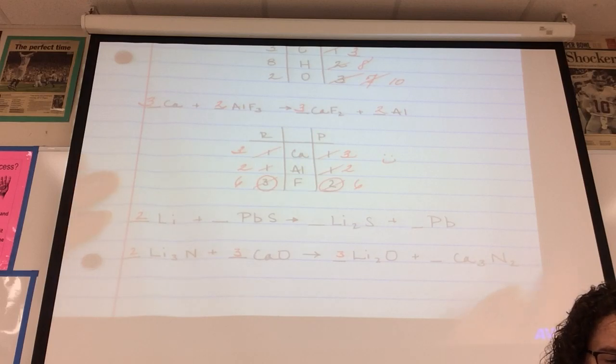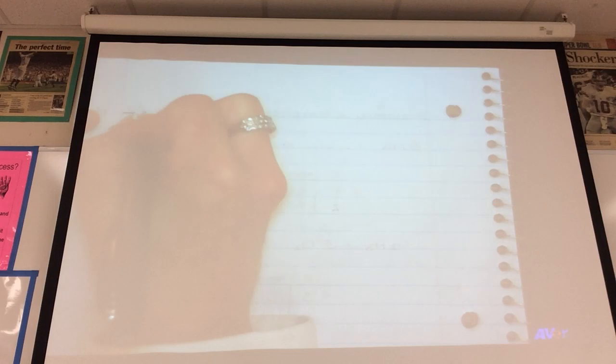In the next problem, this one has a polyatomic ion in it, or at least one of the compounds is comprised of a polyatomic ion. So I want to show you a simple approach to work this type of problem.